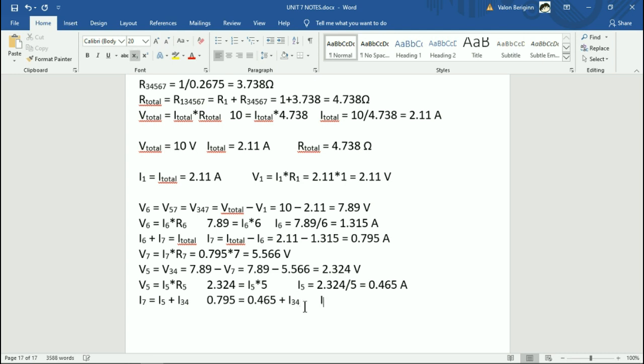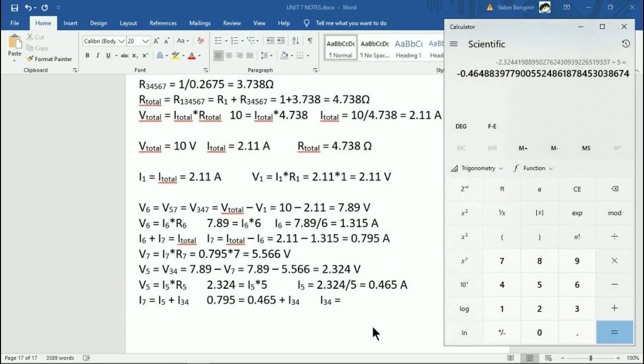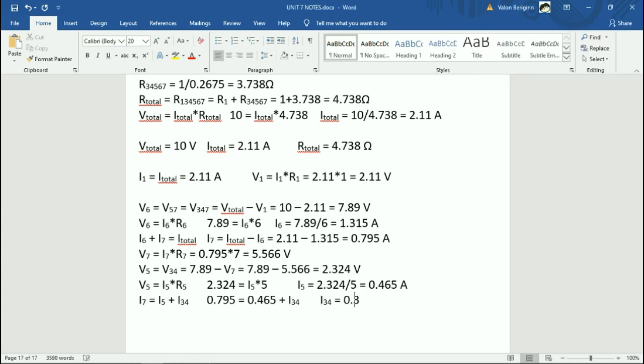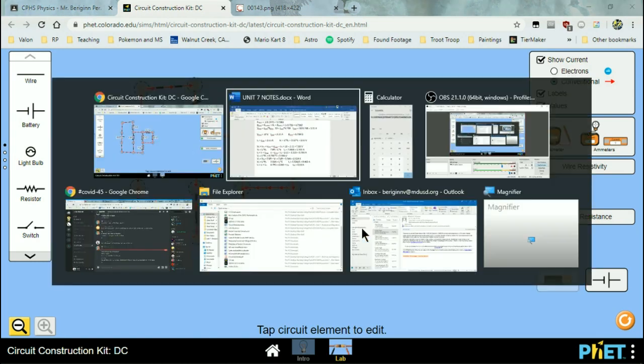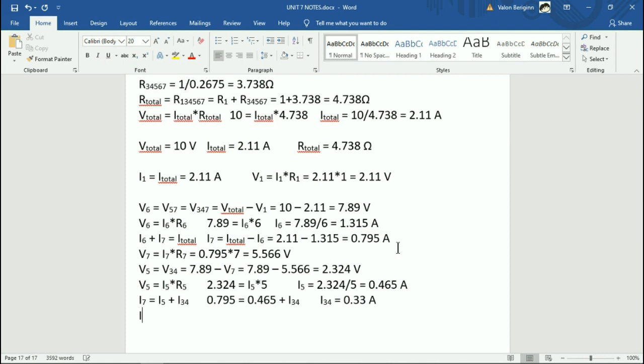So I34 equals just the subtraction of that, which, again, I can shorthand by adding. Okay, 0.33. So this means the current running through this branch is 0.33. However, these are in series, so the current that goes through this resistor must equal the current going through this resistor. It is the total, so I34 equals I3, which equals I4.